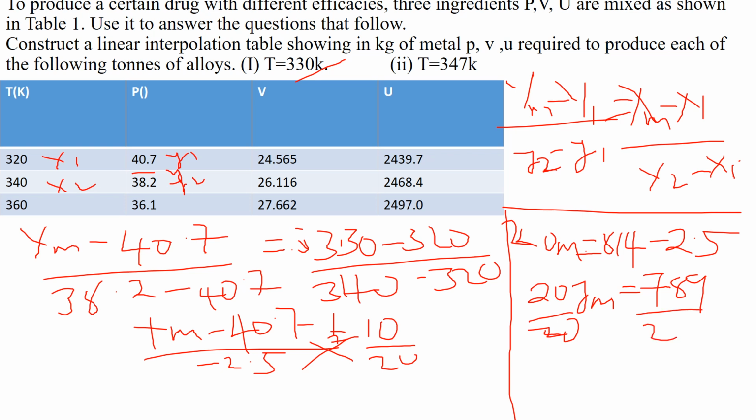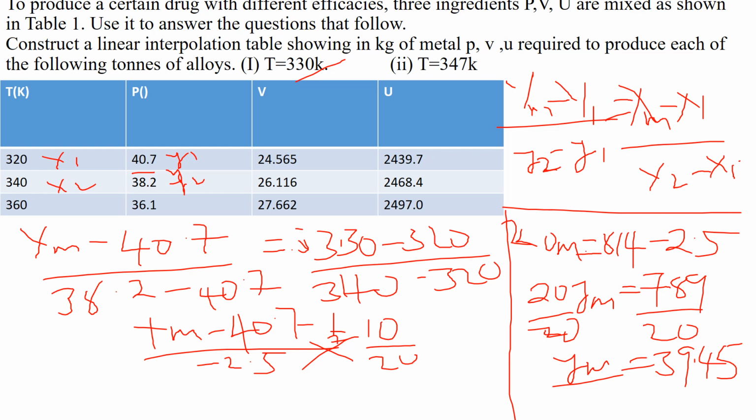Then I divide all through by 20, so I'm left with ym equivalent to 39.45. You see now that 39.45 lies in between 40.7 and 38.2. So that is how you can get the first one, our first metal P that we need at 330 Kelvin.